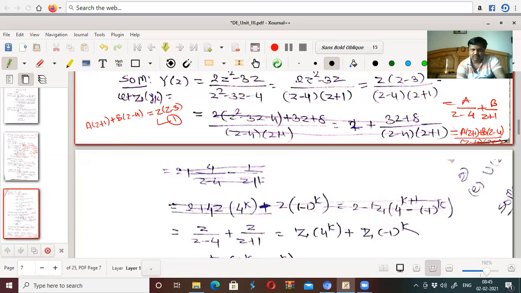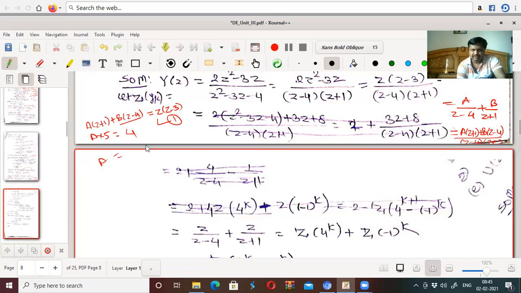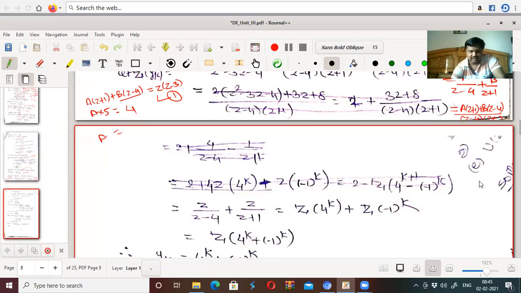So putting z equal to 4, you will get here a into 5 equal to, if I put z equal to 4, 4 into 1, 4. So a equal to 4 by 5. Is it right or wrong? A upon z minus 4 plus b upon z plus 1.